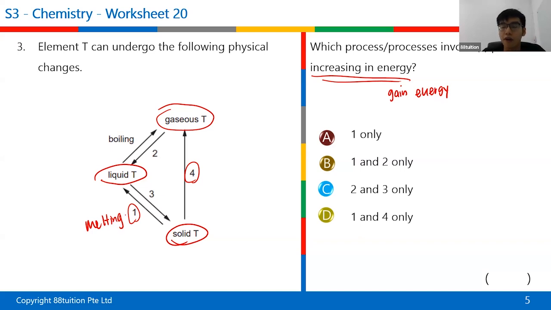They need more energy to overcome the intermolecular forces of attraction. Then number four is known as sublimation. I hope you remember this word. Sublimation means it goes directly from solid to gas. It goes from being compacted together to totally free, so it definitely needs a lot of energy to overcome all the attraction forces also. So the answer here will be B.